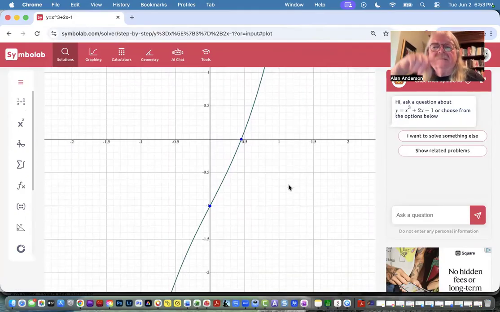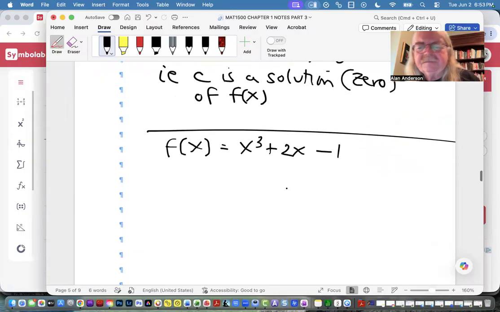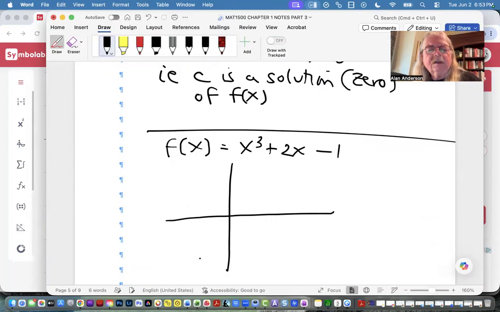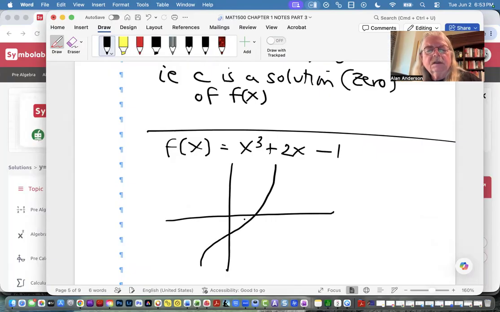Sometimes cubic functions curve up and down, sometimes they don't. So it's kind of rising through the intercept here, which you can tell from here.